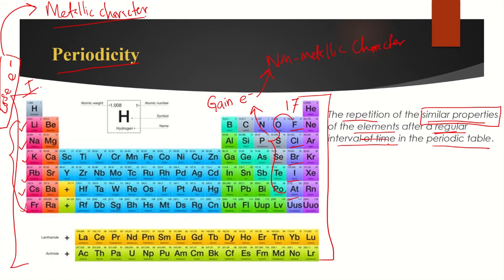So what we are observing here is similar properties at regular intervals. So here we can say that in the same group, we will find the elements have the same properties.